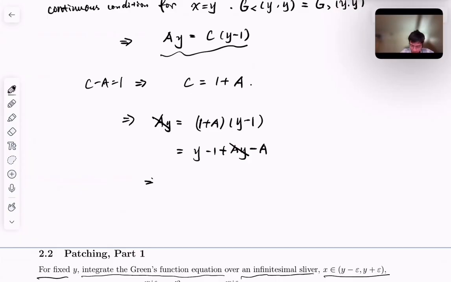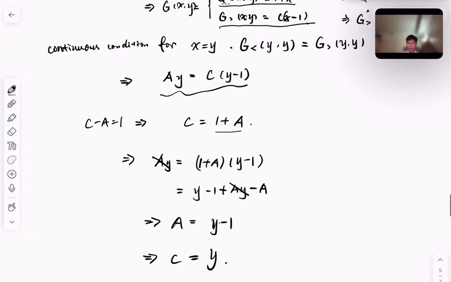That is a equals 1, y minus 1, and c equals a plus 1, that is y.